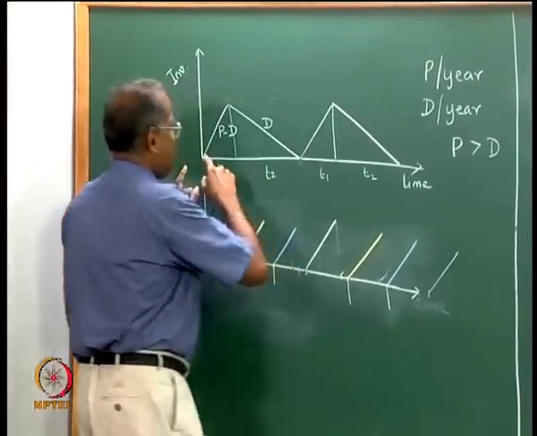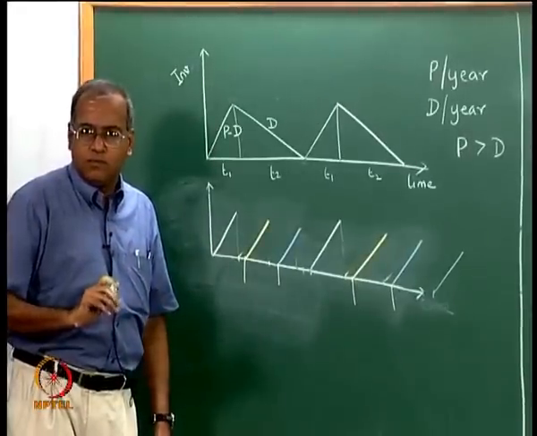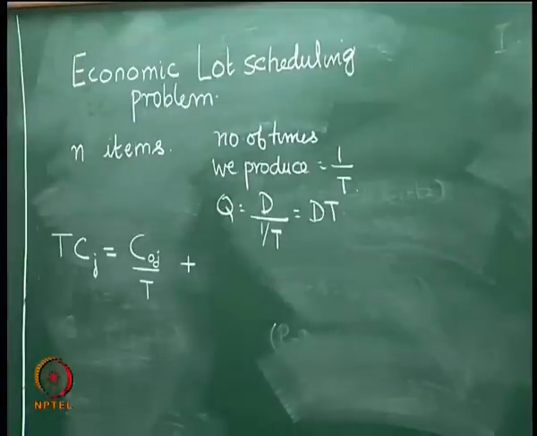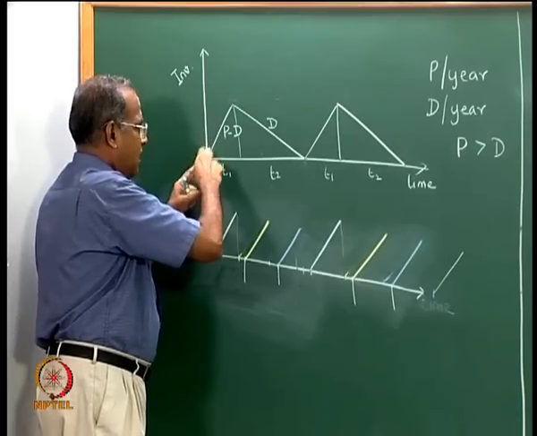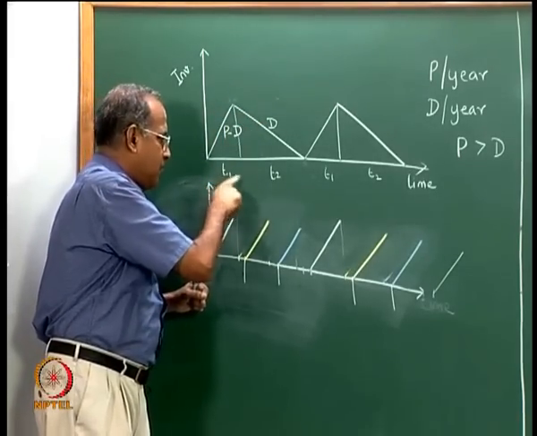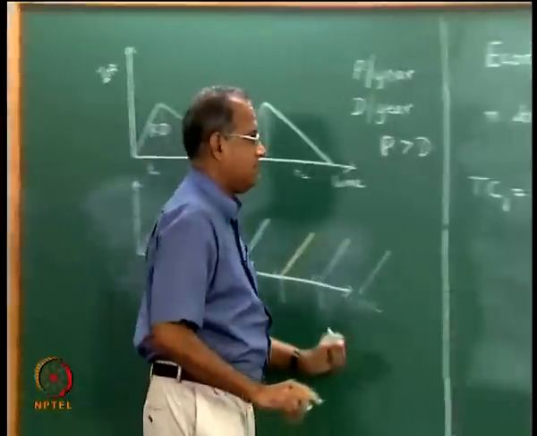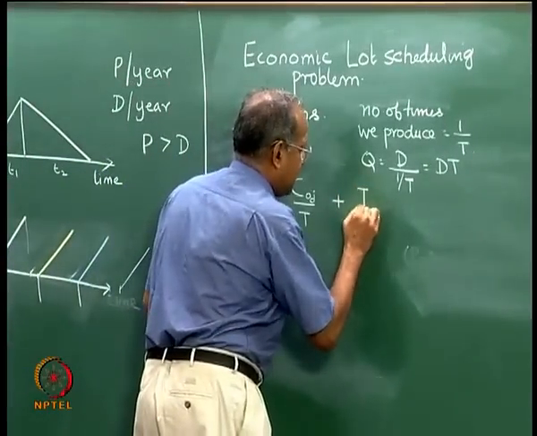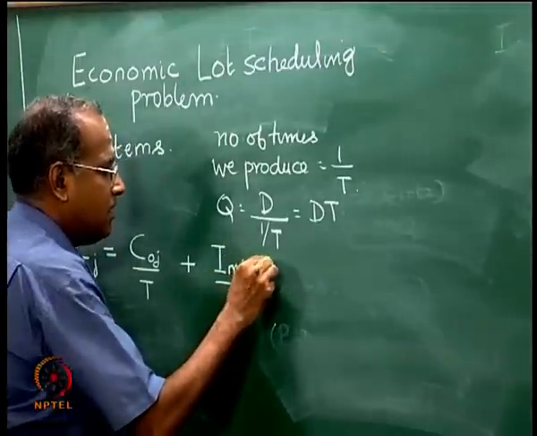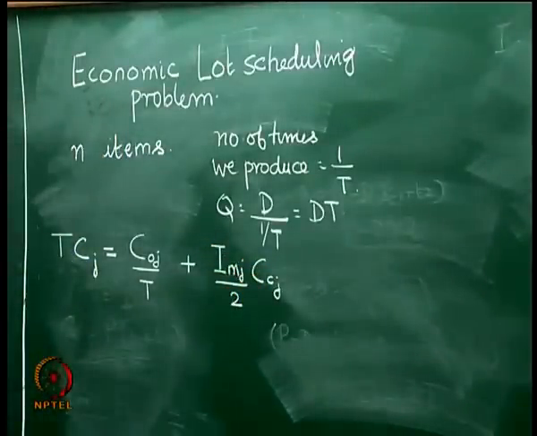Average inventory from here was Im by 2, so total inventory is half into base into height. So, Im by 2 into T1 plus T2 divided by T, which is Im by 2 into CC. So, this is Im j by 2 into CC j, the carrying cost of the jth item.